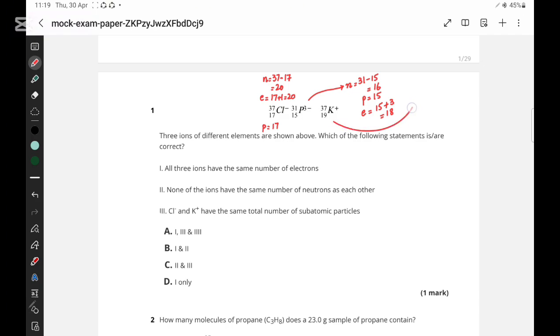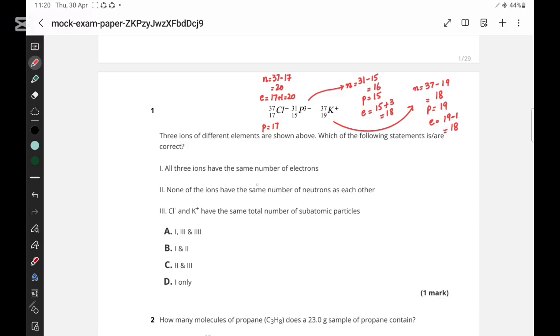If we see potassium, then its neutrons are 37 minus 19, and that comes out to be 18. Its protons are 19, and electrons are going to be 19 minus 1 because of the positive charge, so it is going to be 18.